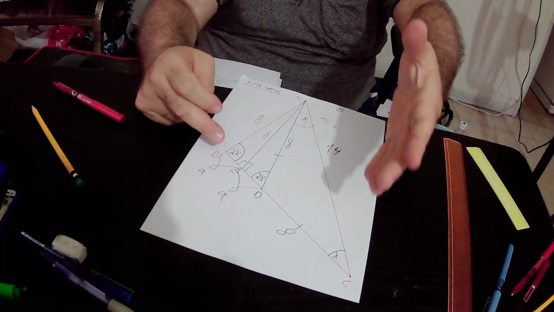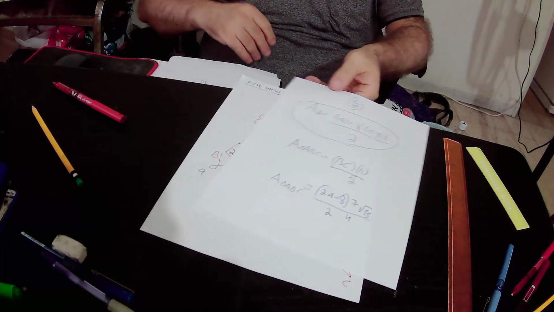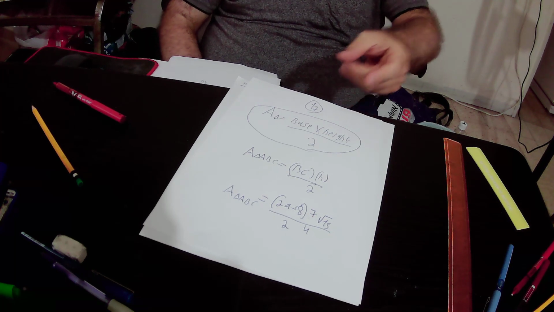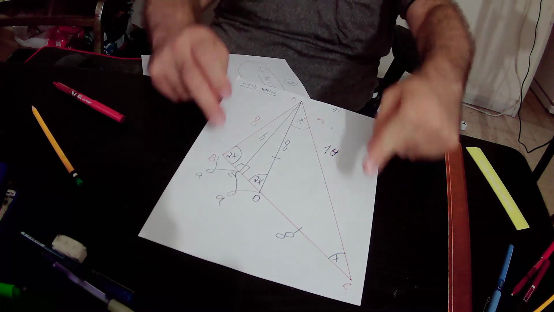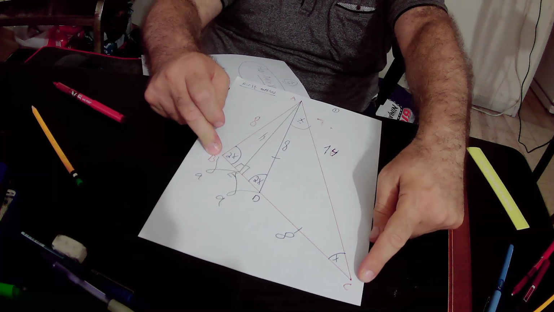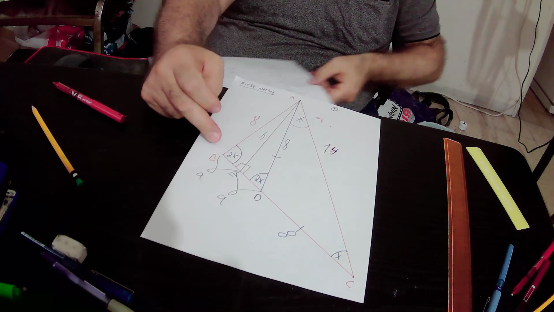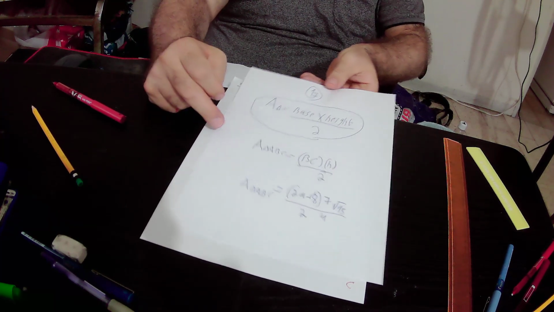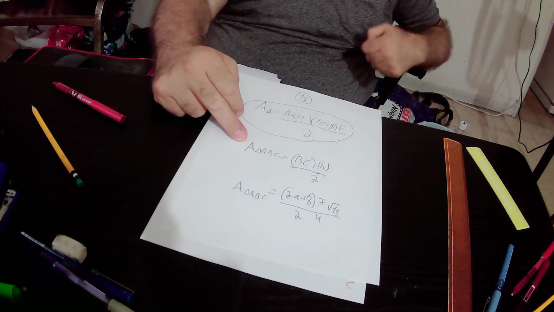So we can find the area of triangle ABC, because the area of any triangle equals the base of the triangle times the height over 2. The base of triangle ABC is BC, and the height is H. The area of triangle ABC equals BC times H over 2.